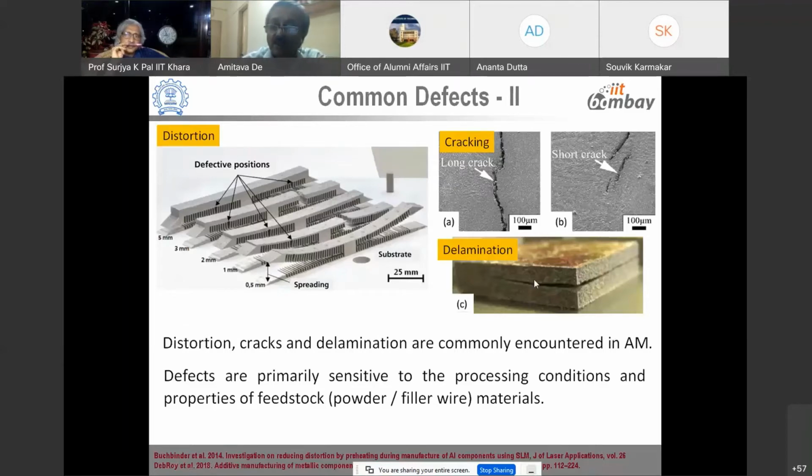There can be delamination because of stresses between the layers, or between the layer and the substrate where the layer is being built. So all sorts of these problems, which are nothing new, are regularly seen in typical welding as well as in casting, which also involve melting and solidification of metallic materials, and they are also here.